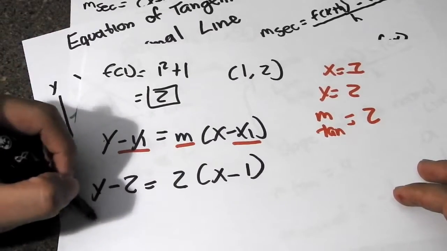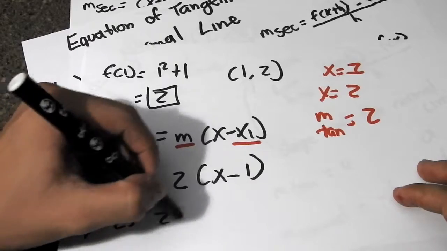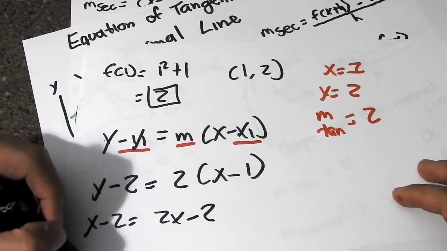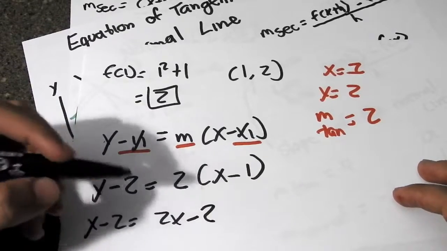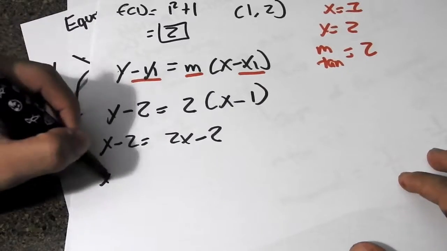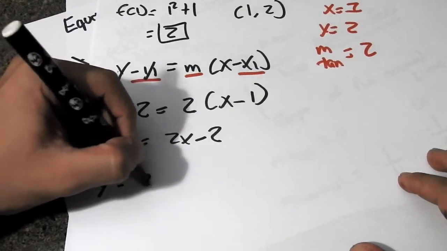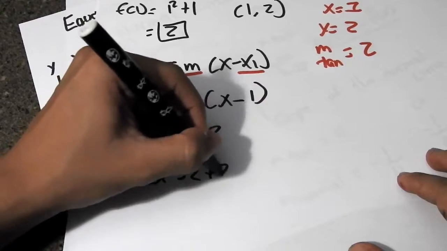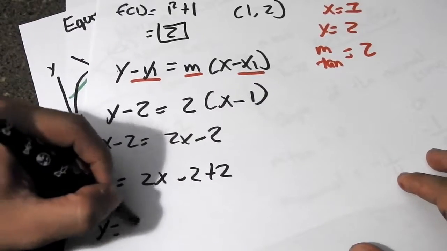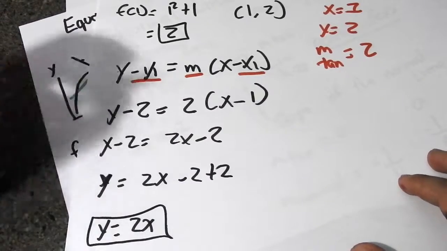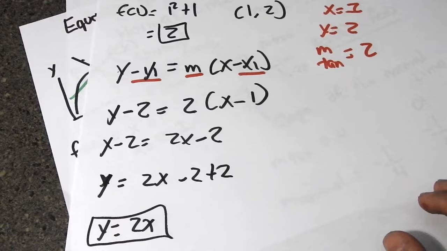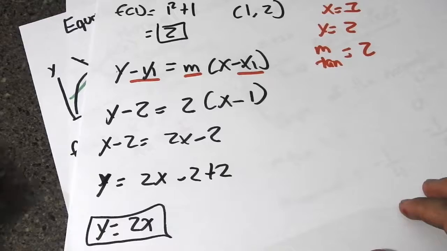We apply the distributive property: y minus 2 equals 2x minus 2, and we send the 2 to the other side by adding it. We have that y equals 2x minus 2 plus 2. y equals 2x. This is the equation of the tangent line when x equals 1.